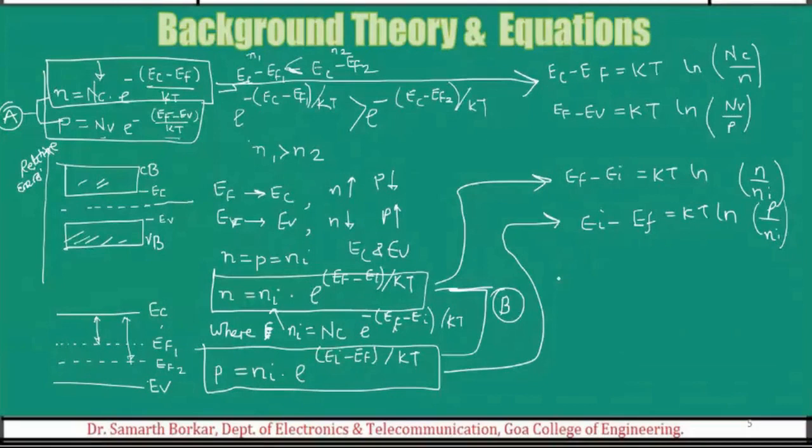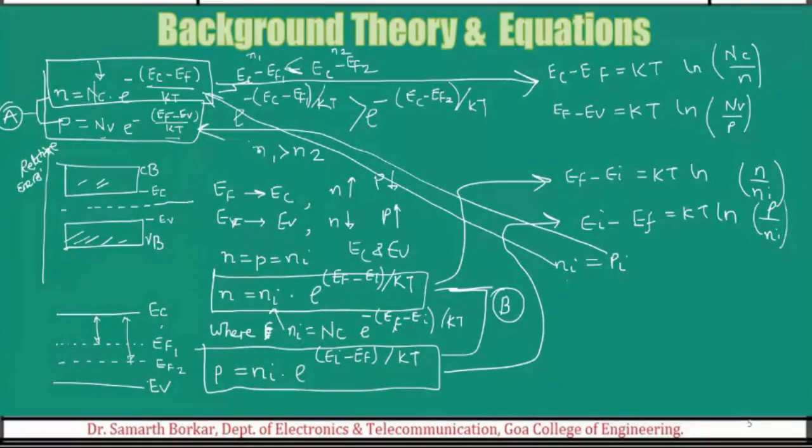Fine. Now, in case of intrinsic semiconductor, we know that ni equals pi. So for intrinsic, I can take it as pi. Fine. Now, let me write this expression again.